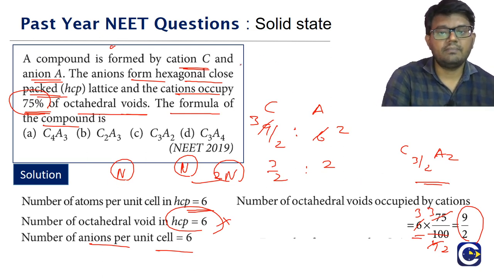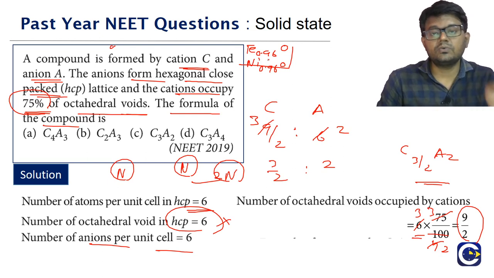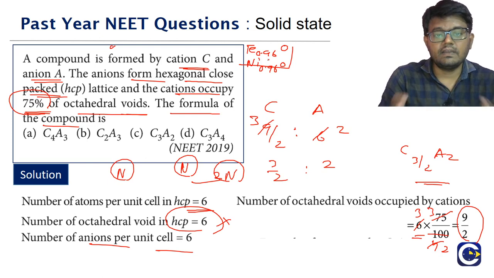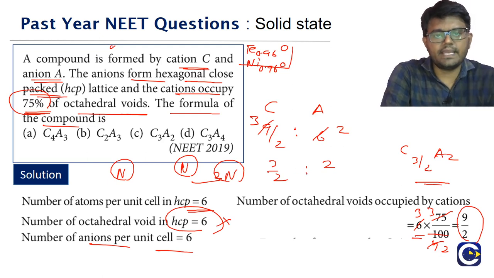For example, in case of iron oxide, we'll put it like iron 0.960, or nickel oxide, nickel 0.960, or whatever the fraction. That is only used to express metal deficiency defect. But otherwise, when we are giving the formula, we always give the formula in terms of whole numbers. So we cannot have 3 by 2 is to 2. We should make it a whole number.